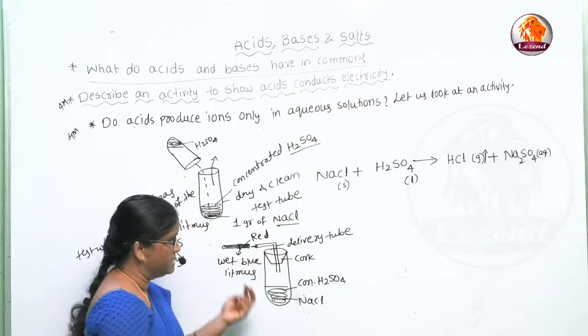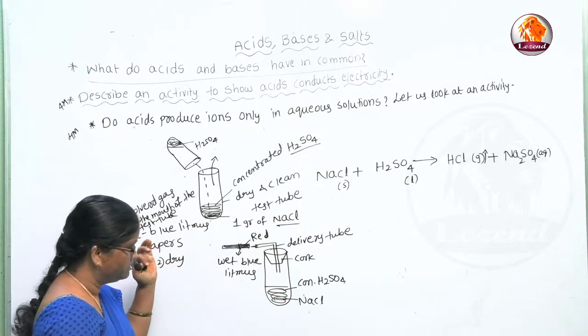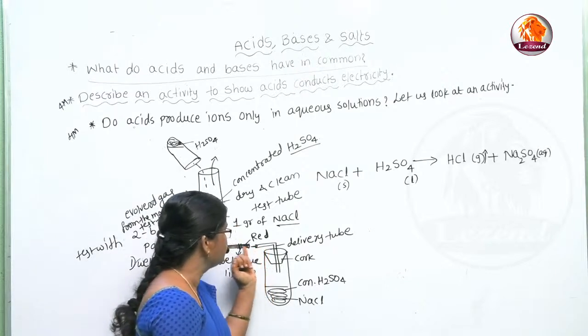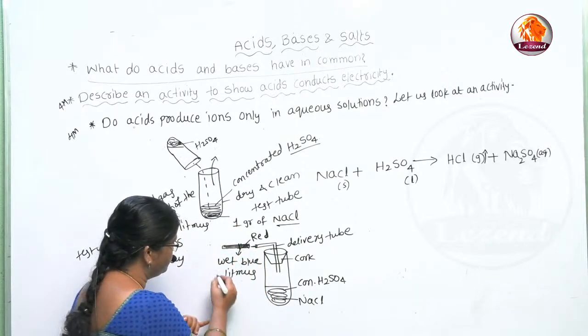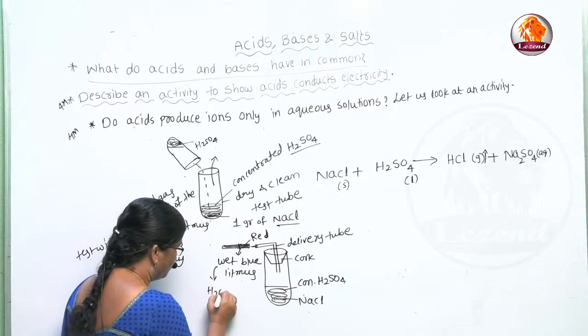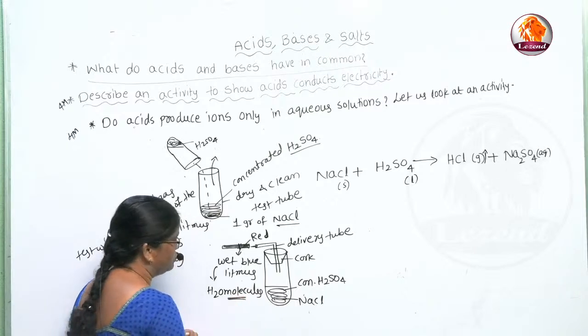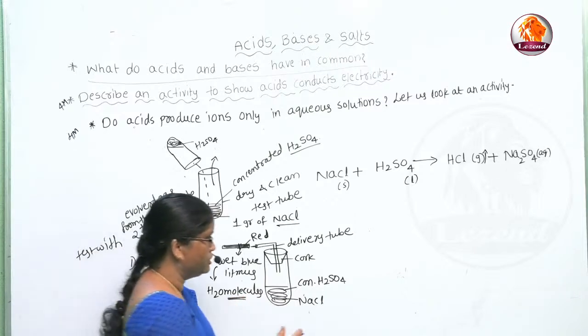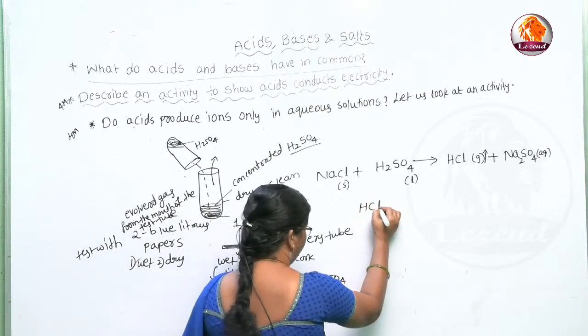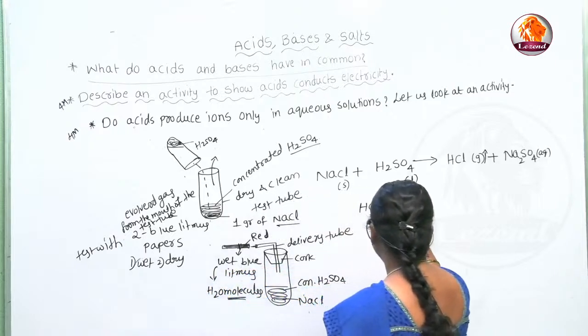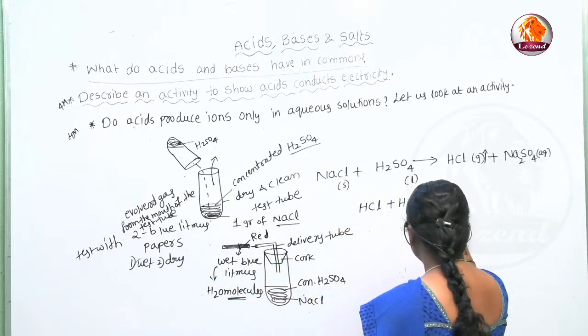Hydrogen chloride gas acts in the presence of water only. Wet blue litmus means the litmus paper contains water molecules. In the presence of water molecules only, hydrogen chloride behaves as an acid.